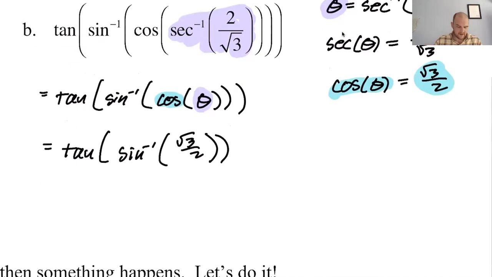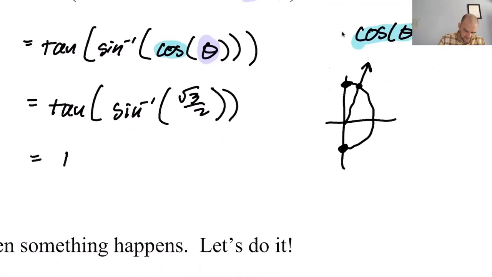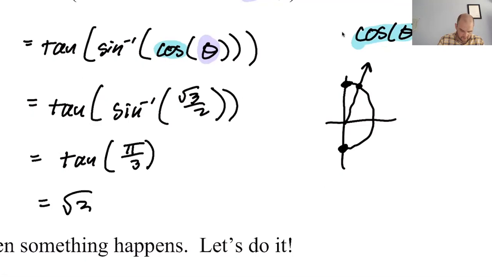Now I have this memorized. You can also draw it; drawing it and having it memorized is probably the optimal thing. Sine is the y coordinate, so the y coordinate is up here. What angle is that? That's got to be pi over 3. So we're doing the tangent of pi over 3, which we memorized is root 3.